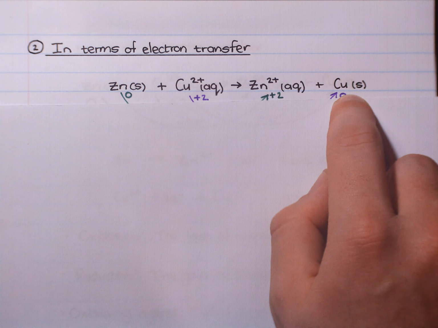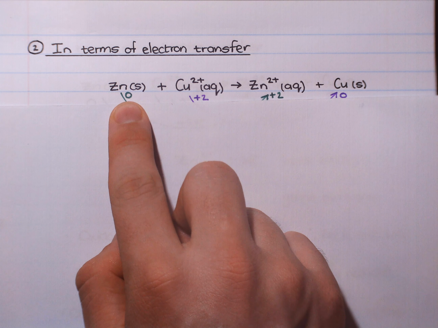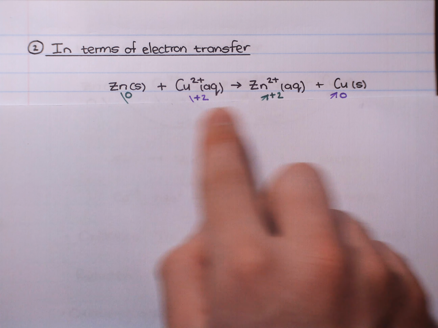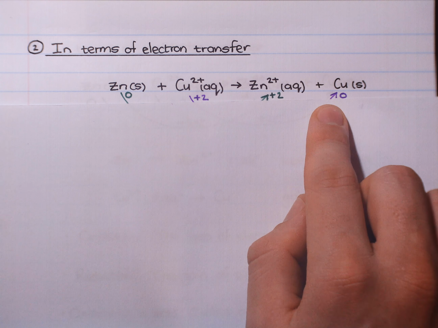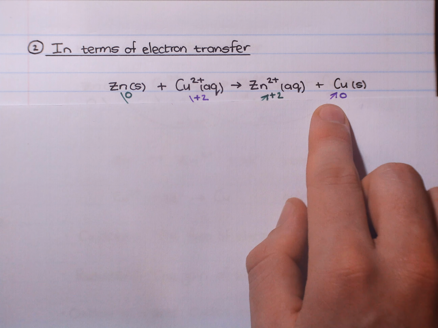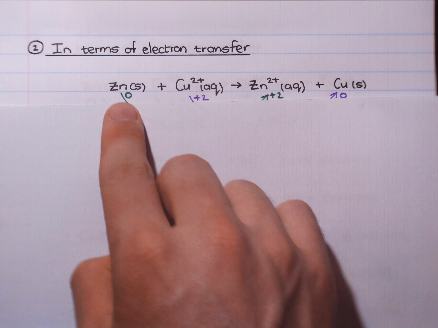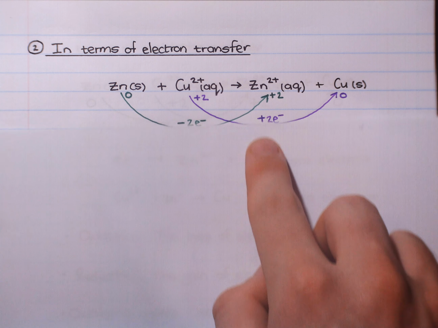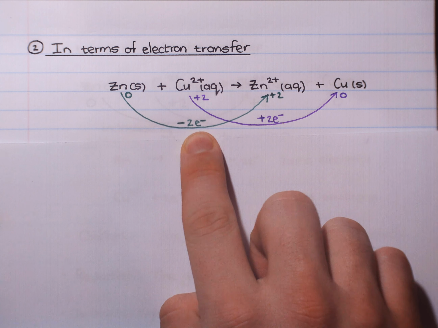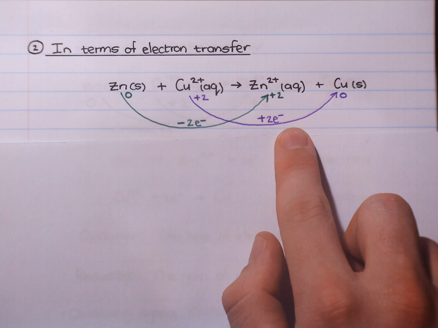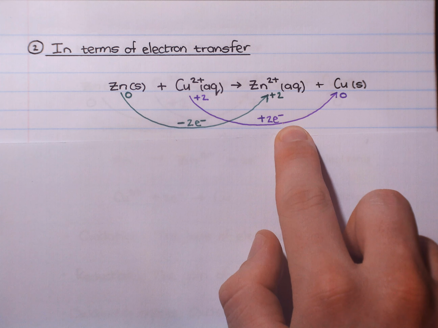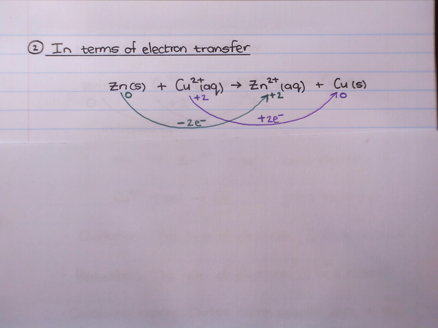and it becomes 0 on the product side. So what happened? For the zinc to go from 0 to +2, the copper ion to go from +2 to 0, there must be an exchange of electrons taking place. The zinc to go from 0 to +2 must be losing 2 electrons, whilst the copper ion going from +2 to 0 must be gaining 2 electrons.